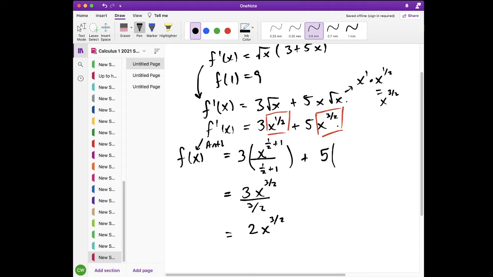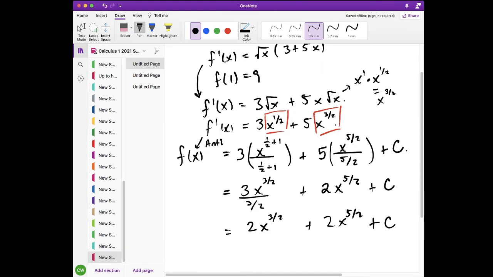Yes, 5 halves. So it's x to the 5 halves over 5 halves. And yes, that does simplify down to 2x to the 5 halves. And this is all plus c.